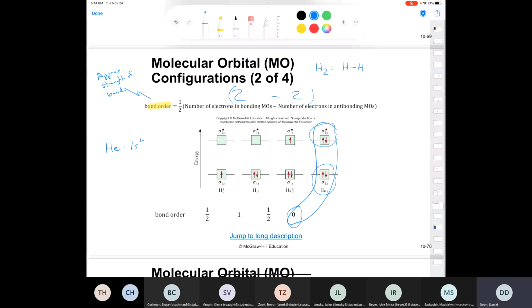And therefore, if you're like, well, what's the whole point of this? The point is it explains these four molecules here. It explains why this molecule is stable, why these molecules can exist, but they'd be very unstable because they have bond orders that aren't one. And it explains why dihelium doesn't exist at all. Okay, now these are things that we wouldn't be able to explain as easily with valence bond theory, right?